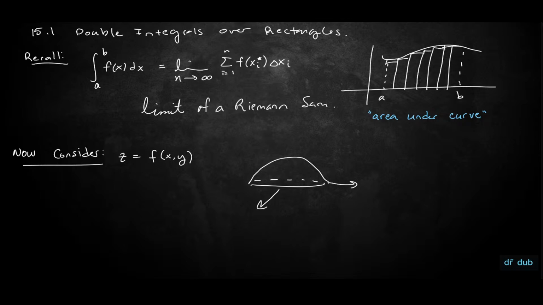Say something like that. Some surface, z equals f of x y. And let's say in the xy plane, we define a rectangle. And we only want to find the area, or the volume, I should say, the volume under the surface over the rectangle.